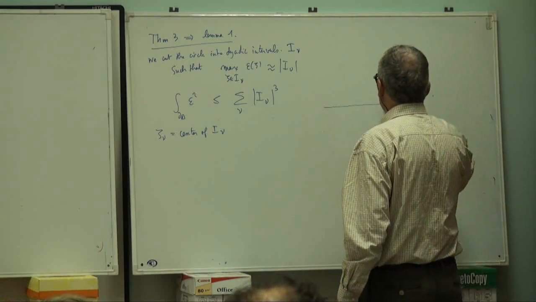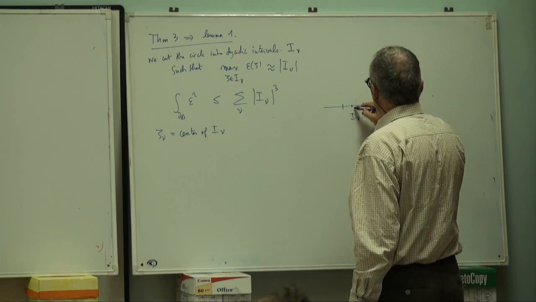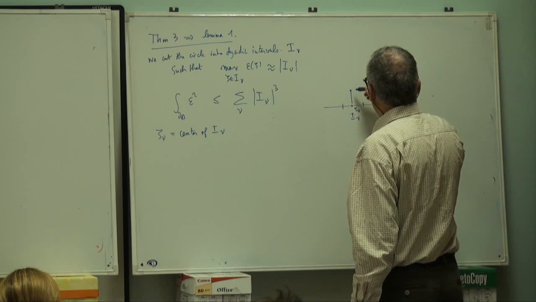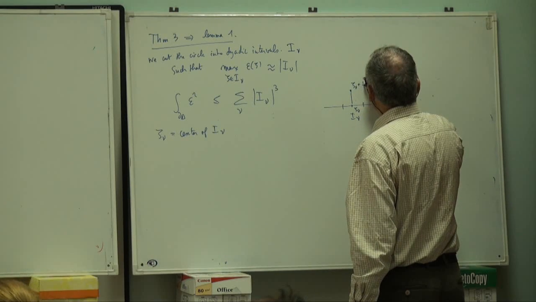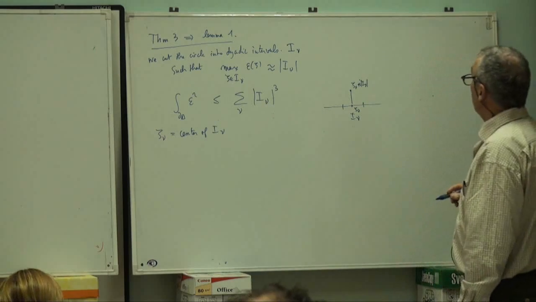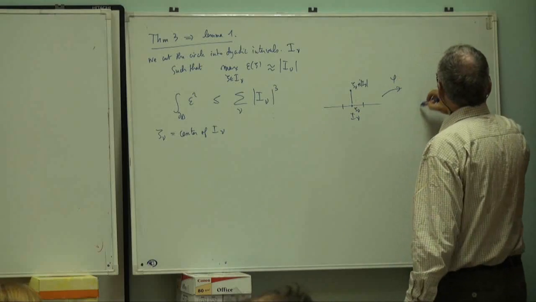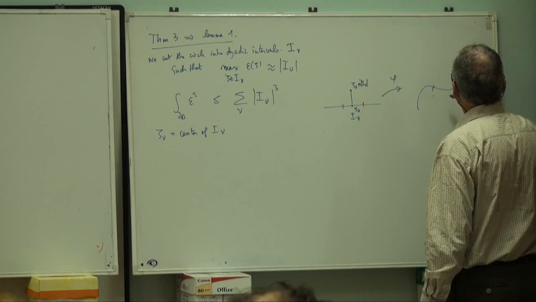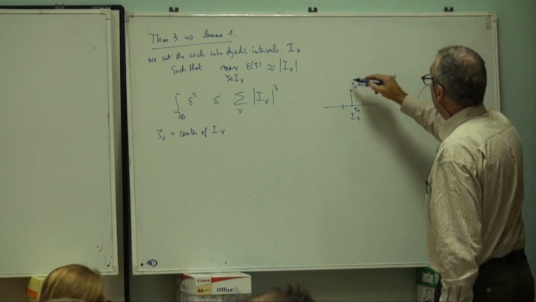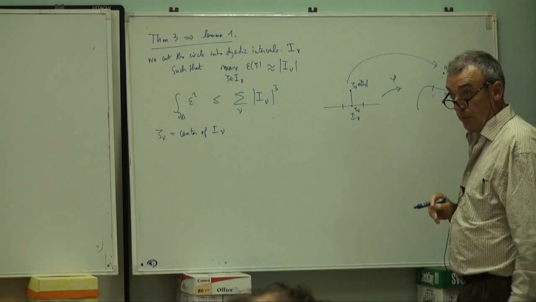So we have here I nu, this is zeta nu, and I look at zeta nu plus I nu, and I look at the picture by the map phi. So I have here phi of I nu, and this point corresponds to this point, which I will call A nu.